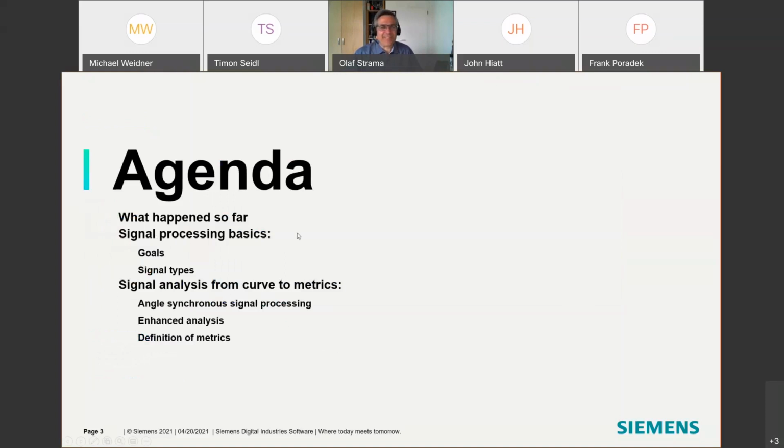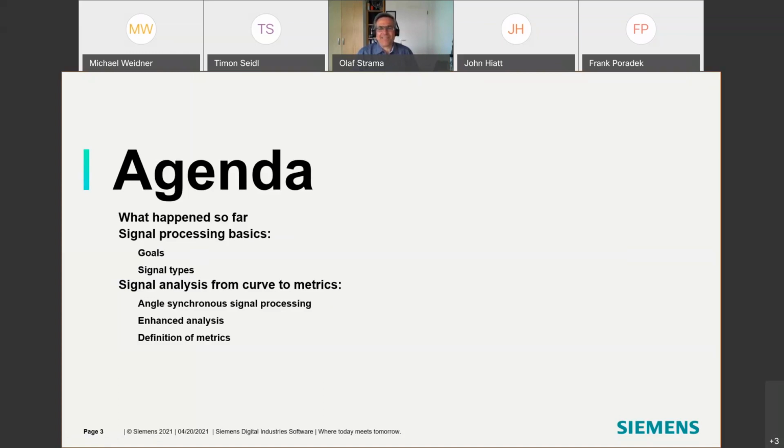We continue as always with the agenda. Some slides to recap the last sessions for those who are new today. Then we will talk about the basics of signal processing. That's at first the goal. What is signal processing? What is it good for? Then a very important thing, if we want to understand why to use a certain method, is to understand the signal types and how they behave in these signal processing functions.